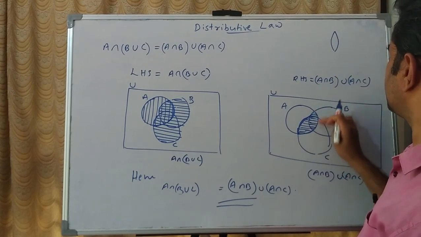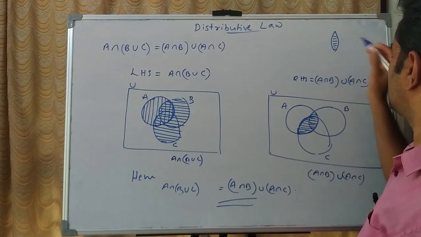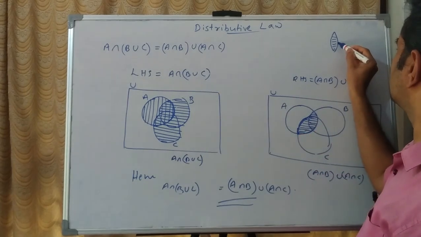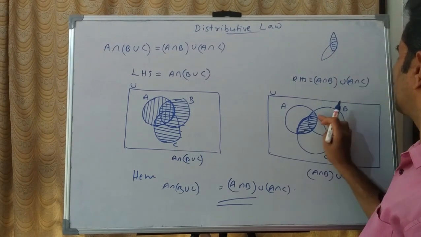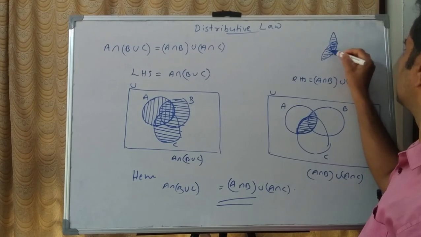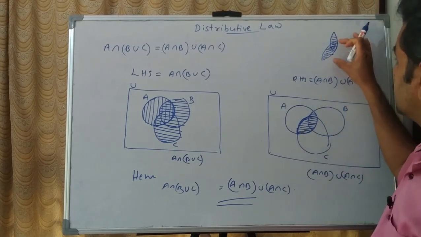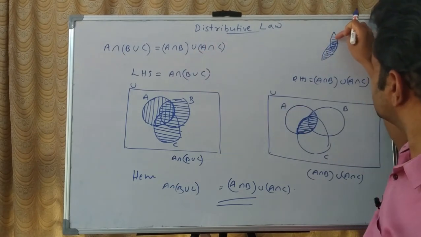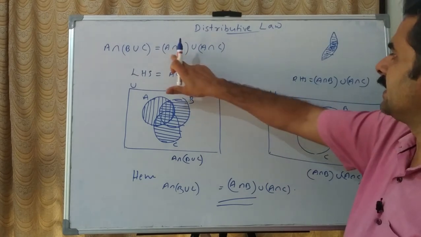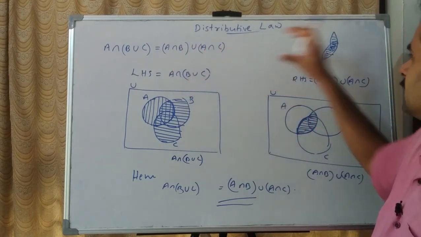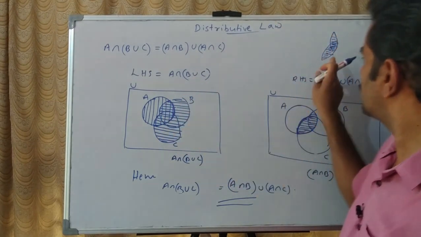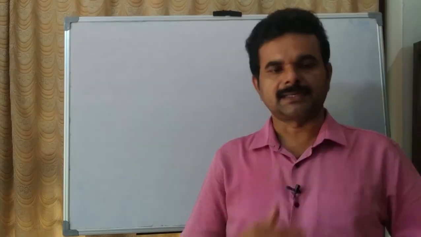Union means this is needed and this also is needed. So this is the shape for A intersection B union A intersection C. So this shape is similar to this shape. Clear? Hence the proof. Time is up.